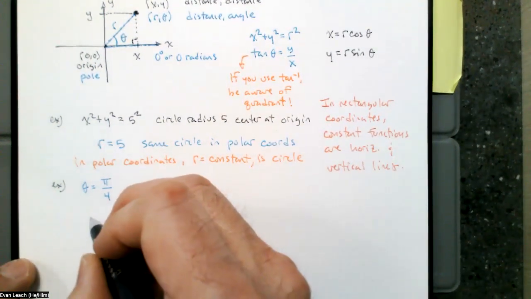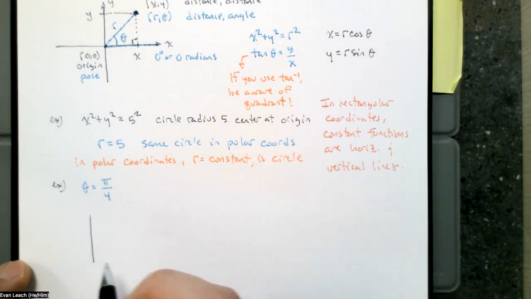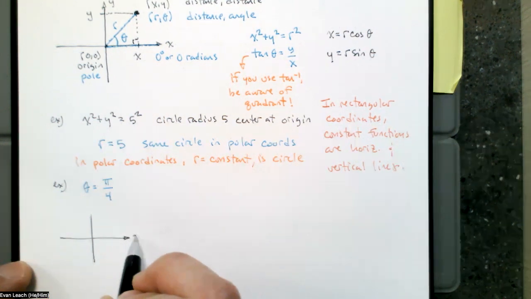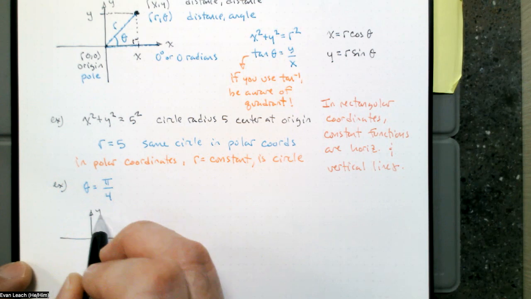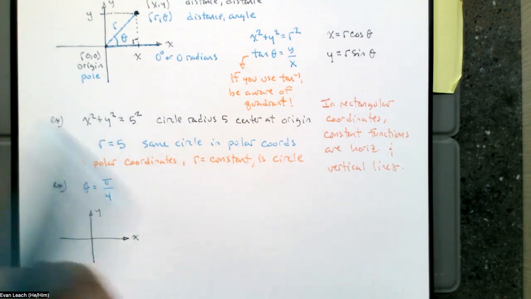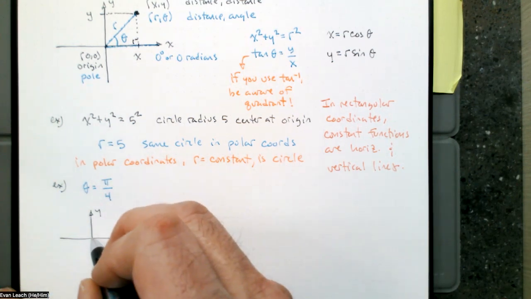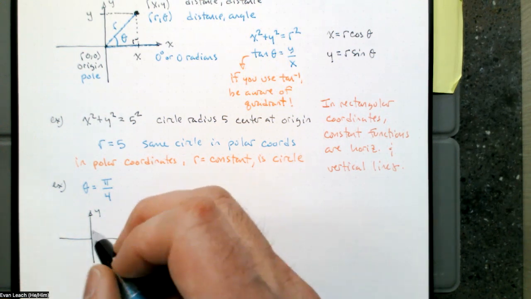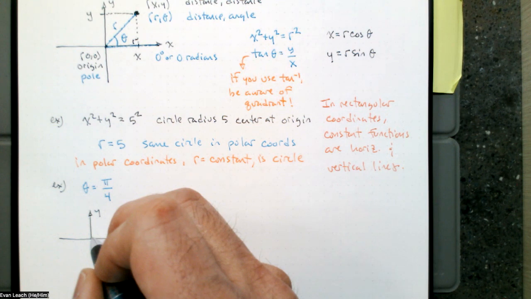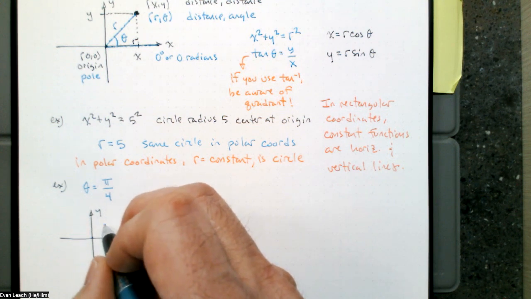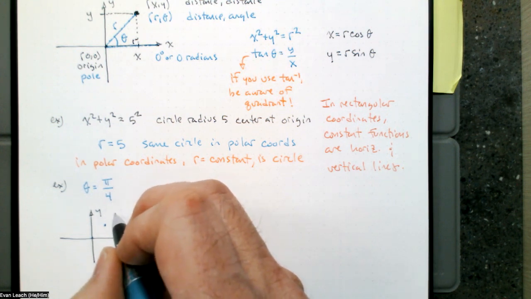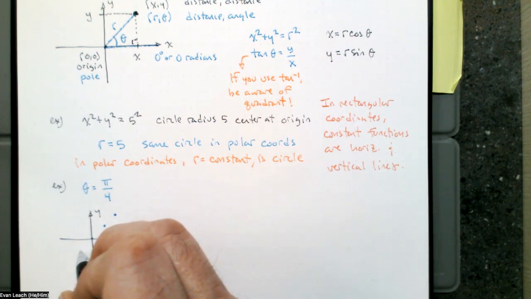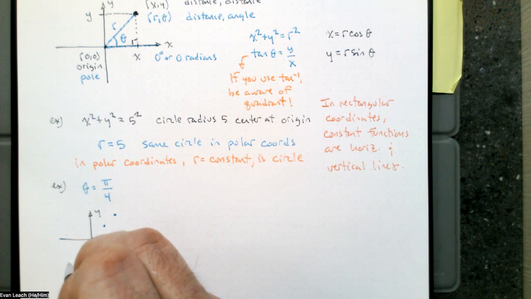We're going to go to a line theta equals pi over 4. Or sorry, I just gave it away, because I said it's a line. But specifically, it's a line through the origin. So I'm going to go to theta equals pi over 4, and I'm going to plot a radius of 0. That's not helpful. But then a radius of 1 at an angle of pi over 4, and then a radius of 2, and then a radius of 3, and then a radius of -1, and then a radius of -2.